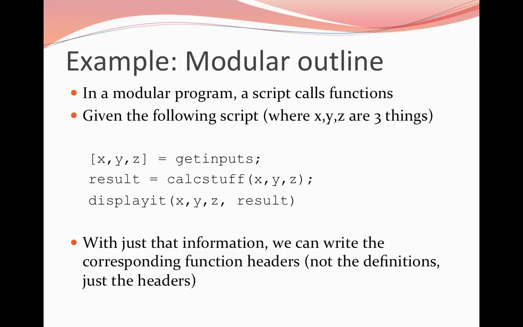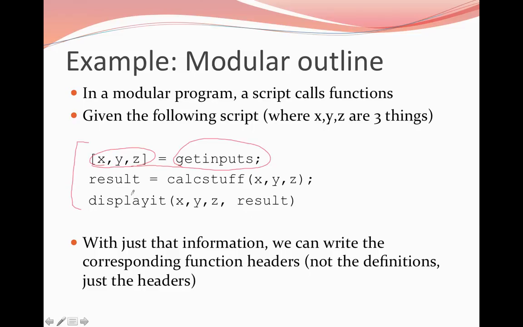Here's an example of a modular outline of a program. So here's an outline of a script that is going to call 3 different functions, where X, Y, and Z are 3 different things. So this is our script that has 3 statements in it. First of all, it's calling a function named getInputs that's presumably going to prompt the user, do some error checking, and then return 3 different values, X, Y, and Z. For example, maybe they're coordinates of a point in 3-dimensional space.